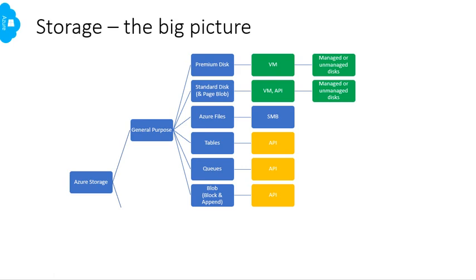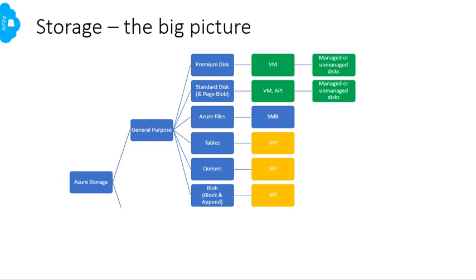So we have Azure storage, and we have general purpose. Under general purpose, what do I have? I have premium disk, standard disk, Azure Files, tables, queues, and blob: block and append. What is useful for what type of storage?